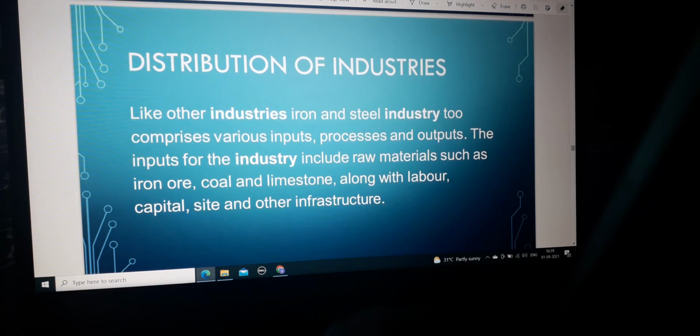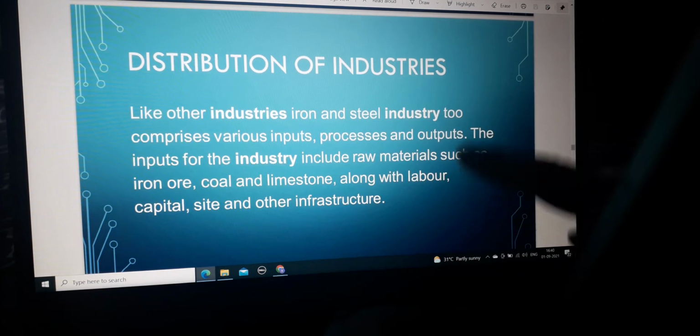The inputs for the industry include raw materials such as iron ore, coal, and limestone, along with labor, capital, site, and other infrastructure. Now, iron ore, coal, and limestone are the raw materials which are used by the labor when they are given a certain amount of money.